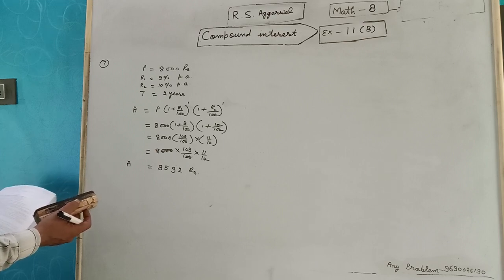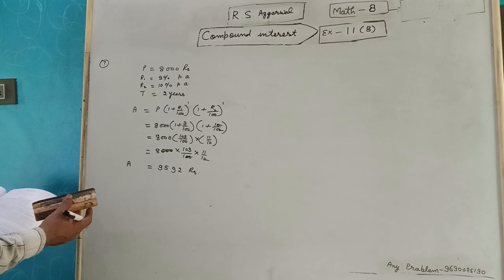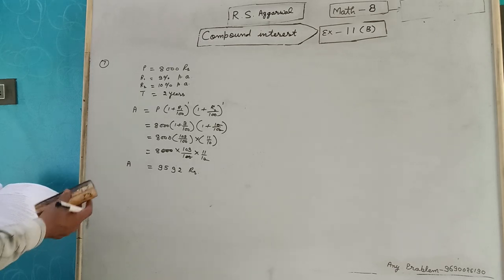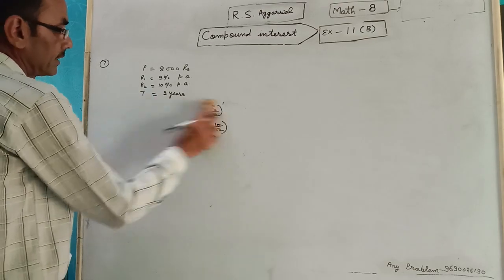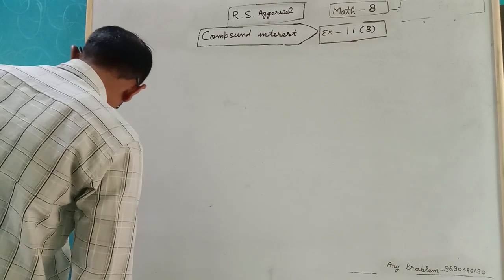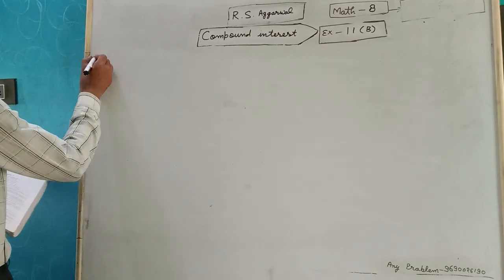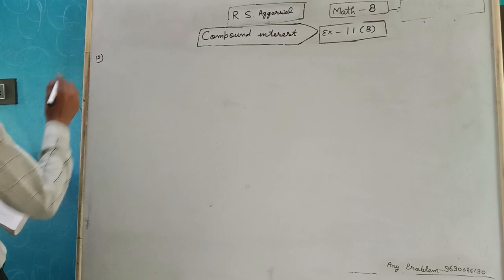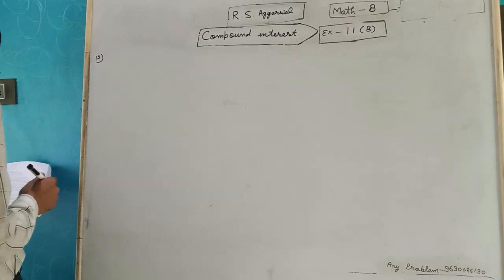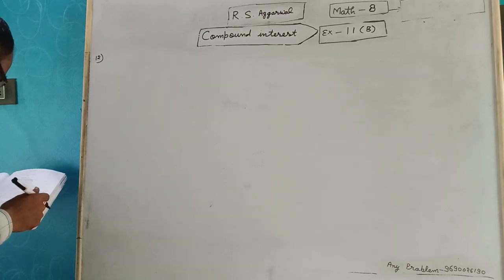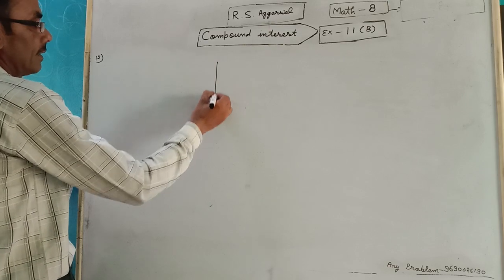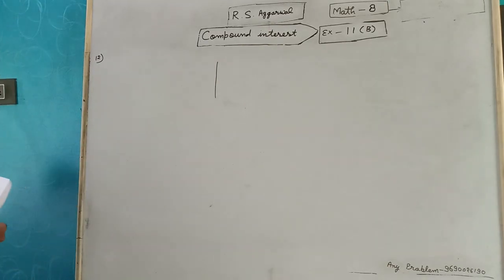Questions 9, 10, 11: question 11 is the same as question 6. Question number 12 is about 16,000.